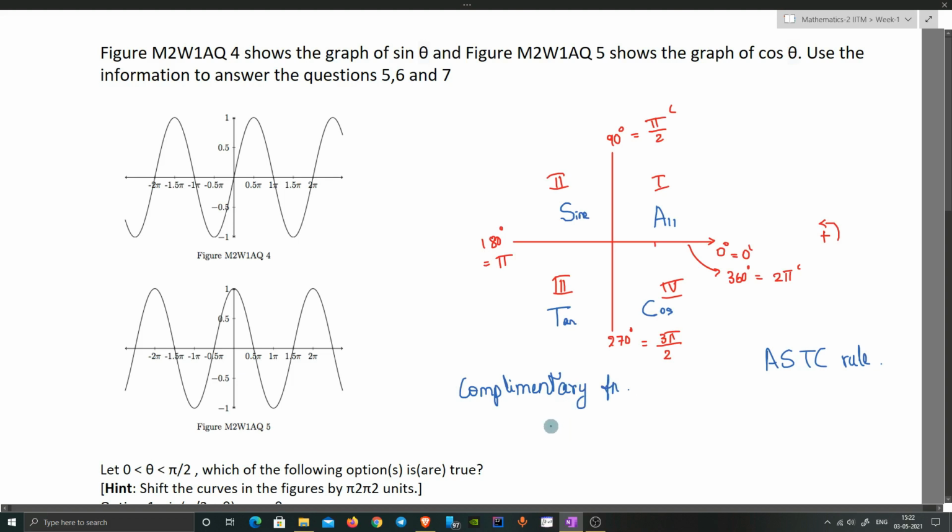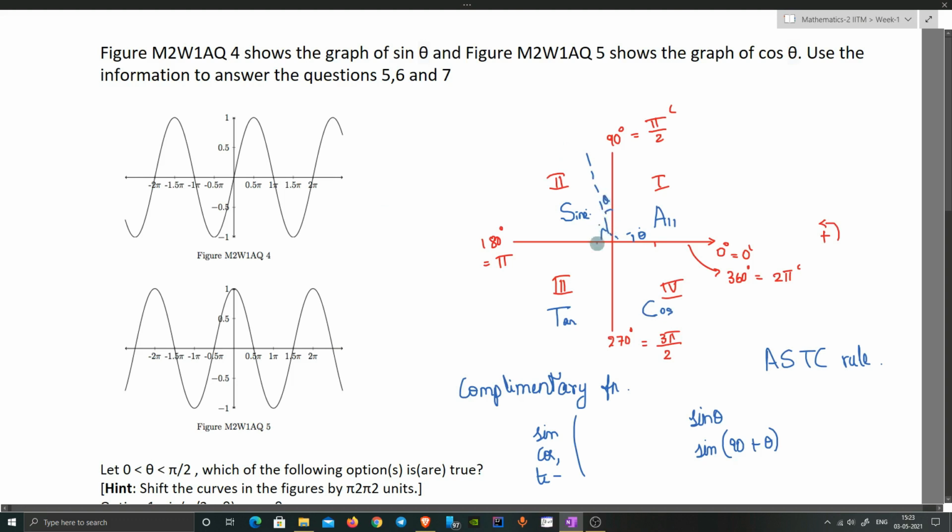So for any trigonometric function, let's say sine or cos or tan, if we are jumping the angle, let's say if we have sine theta, so if we are jumping this sine theta by 90 degrees, if we are adding 90 degrees to any angle, let's say sine of 90 degrees plus theta, so what we'll have, if we have something over here and we add 90 degrees, we'll get something over here, right? So if this is theta, we'll have sine of 90 plus theta somewhere around here.